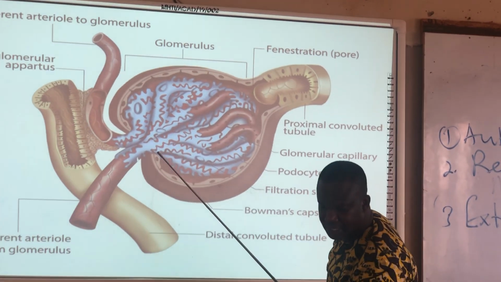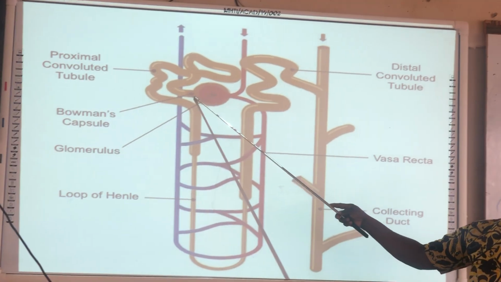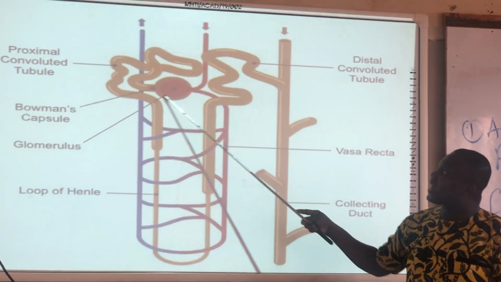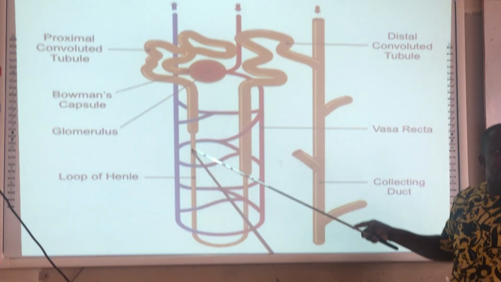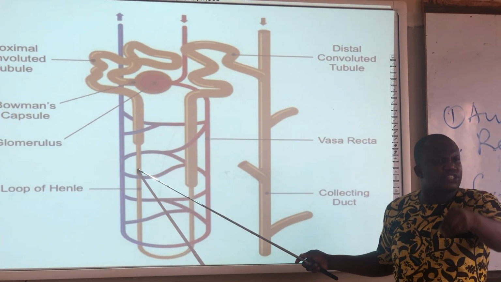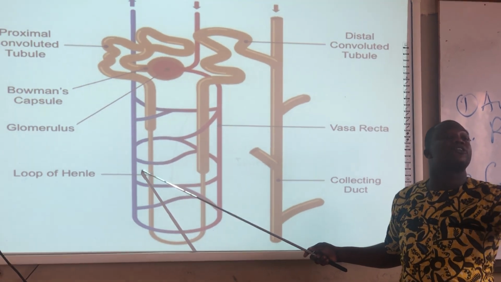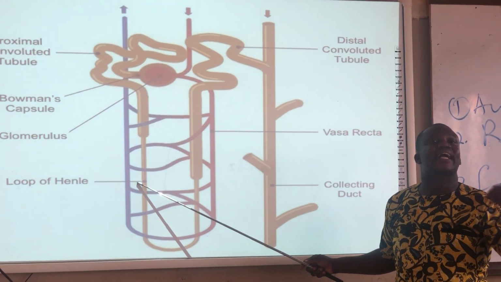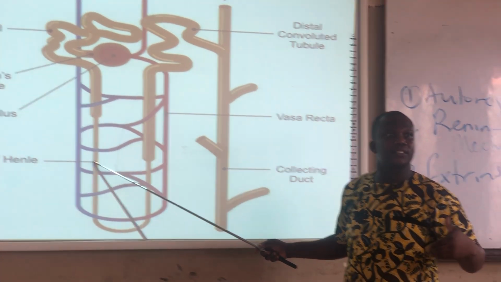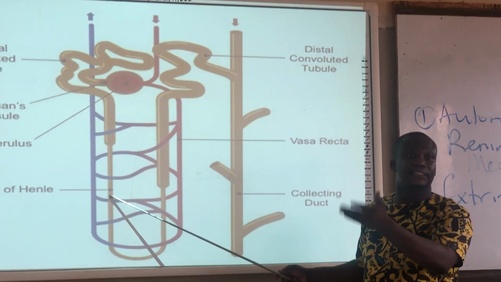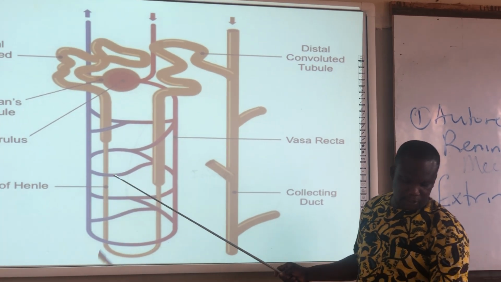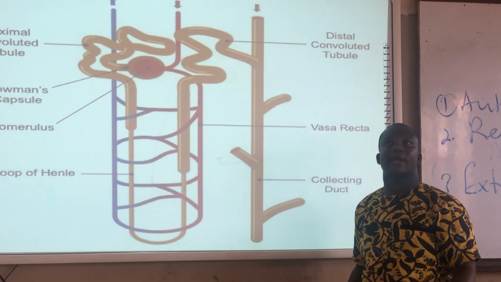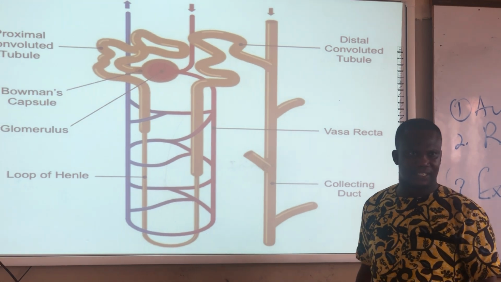The glomerular filtrate is carried by the proximal convoluted tubule, and in the course of its movement, some of the substances in the filtrate will be reabsorbed into the system. And those that cannot be reabsorbed will be sent to the collecting duct for excretion. Now, selective reabsorption is a selective process.